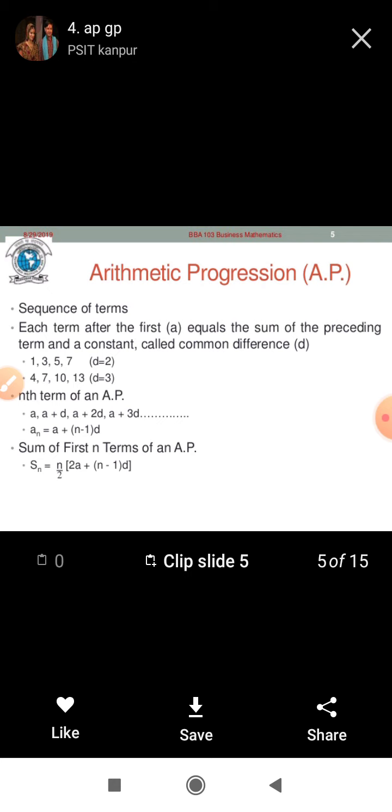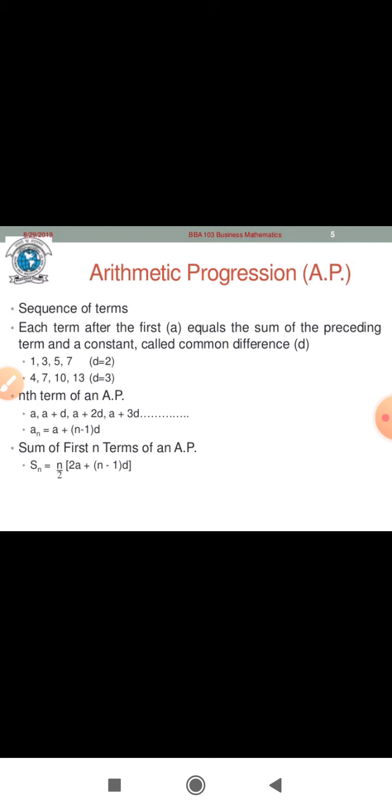Nth term of an AP. The first term is A and the common difference is D, then the next term will be A plus D. Again the next term would be A plus 2D, similarly A plus 3D and so on. A plus n minus 1 into D is the nth term.